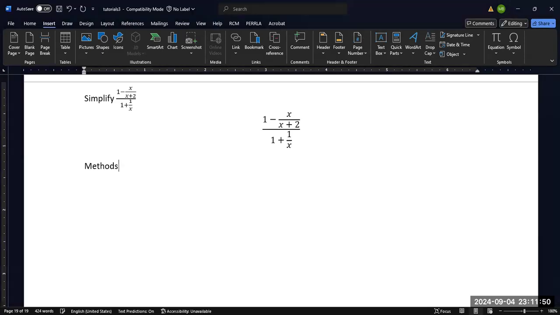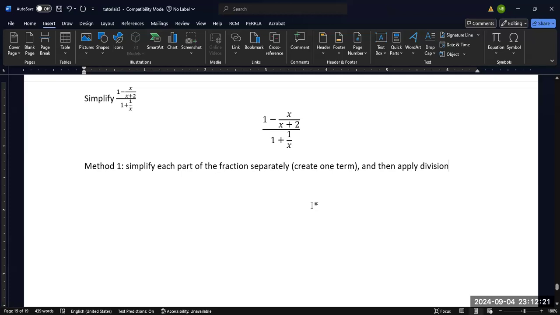So method one is basically simplify each part of the fraction separately. So create one term and then apply division. The big middle bar between the top fraction and the bottom fraction is just a division sign.